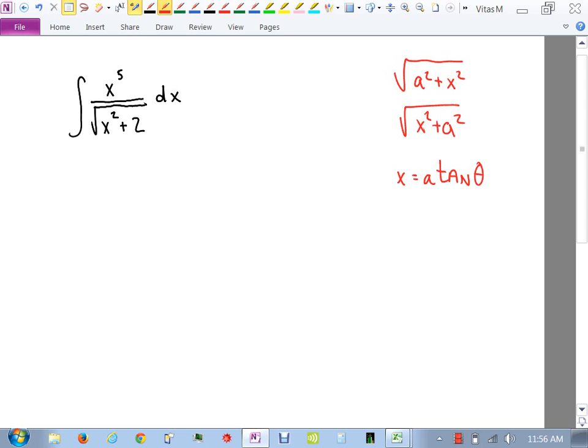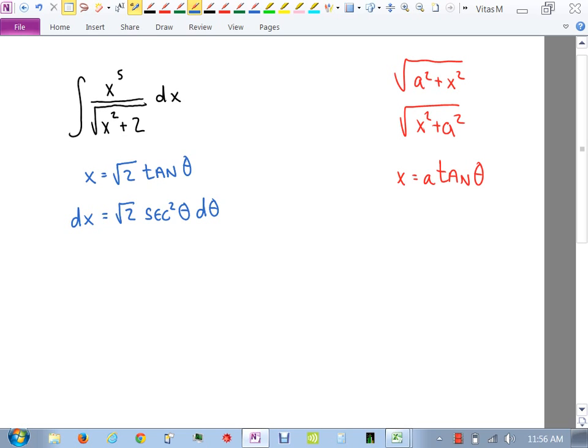What's a, though? Square root of 2. So this is our first problem where a is not a nice number. Square root of 2 is a good number, right? Okay, here comes my substitution: x equals the square root of 2 tangent theta. That doesn't change the derivative too much, right? It's just root 2 secant squared theta d theta.